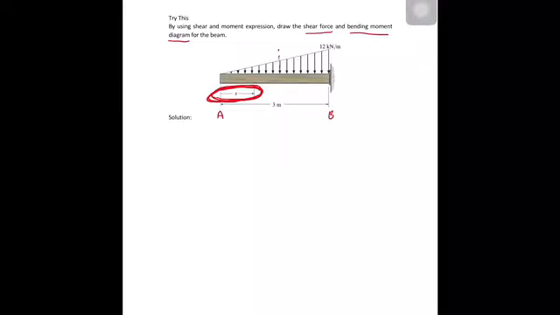So we cut between AB, with the By value, which is 18 kilonewton, and also a moment at B equal to 18 kilonewton meter. Since they gave you the direction, you have to start from point A. For segment AB, the value of x should be greater than 0 and smaller than 3 meter.